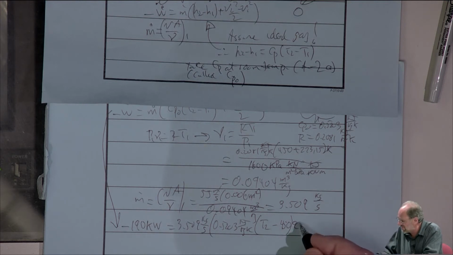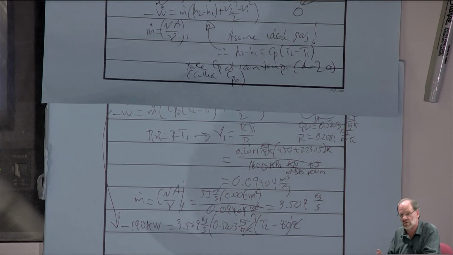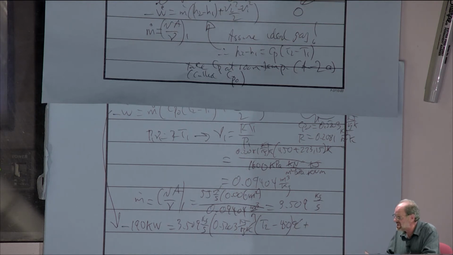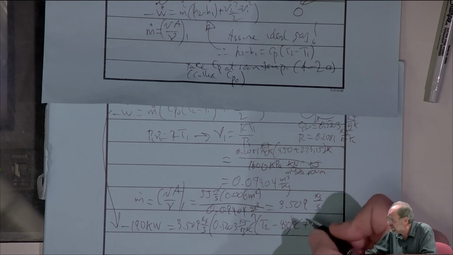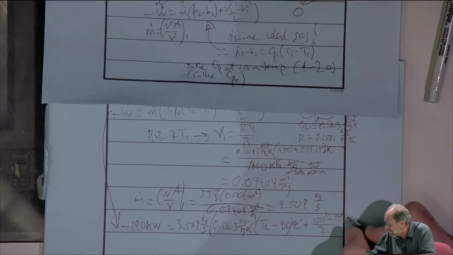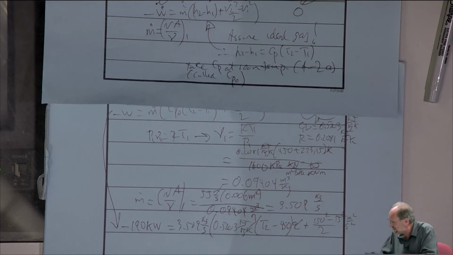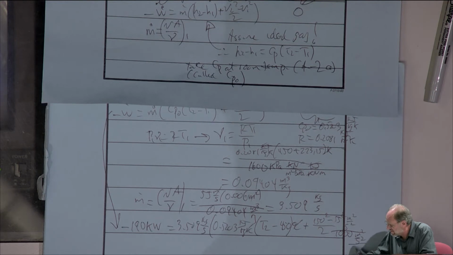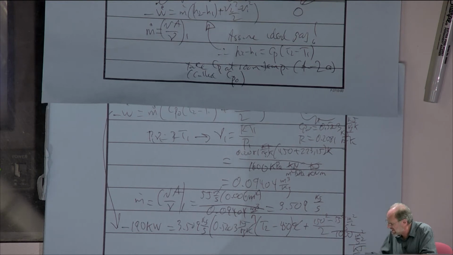So one unit of Celsius is one unit of Kelvin. Anyway, then we add to that the kinetic energy change. So we have 150 squared minus 55 squared over 2. The units are going to be meters squared per second squared, and we need to divide the whole thing by 1,000 in order to convert meters squared per second squared into kilojoules per kilogram.